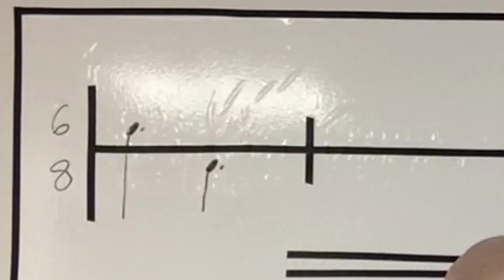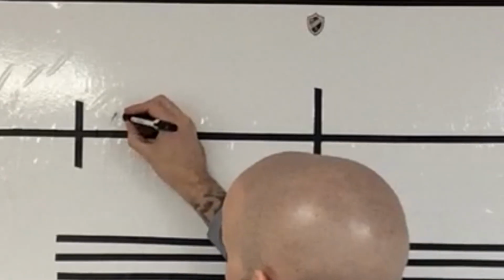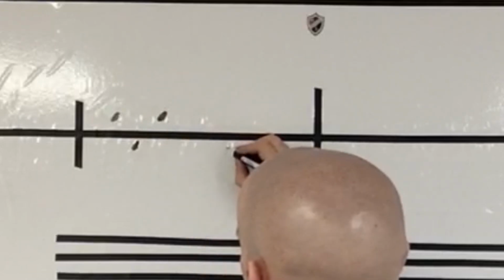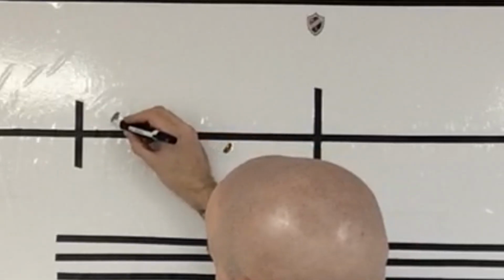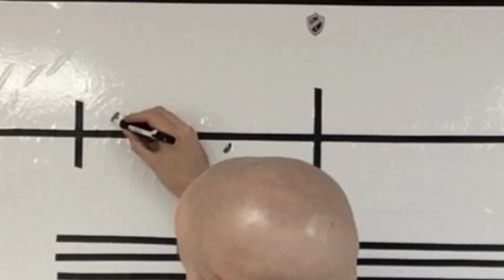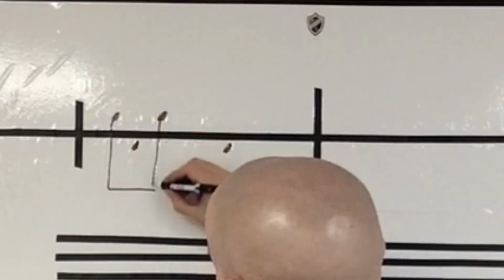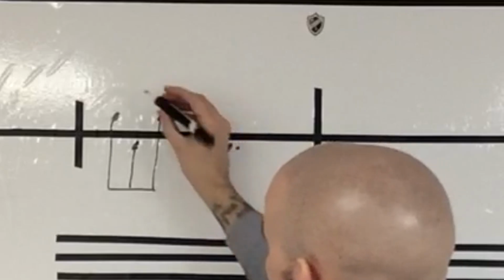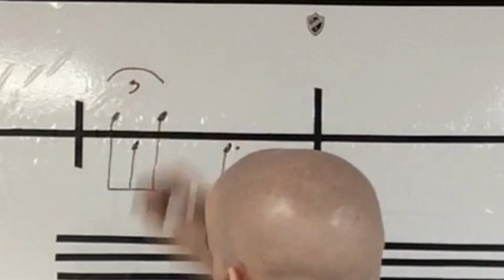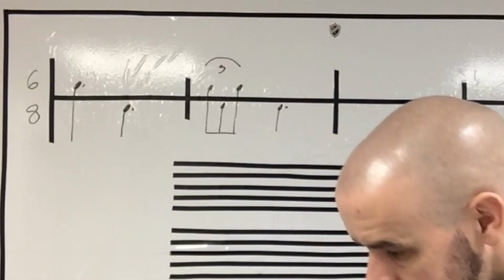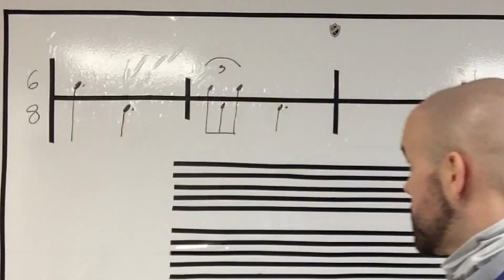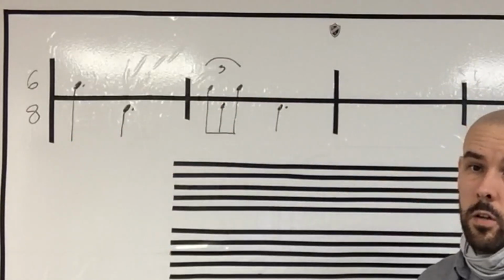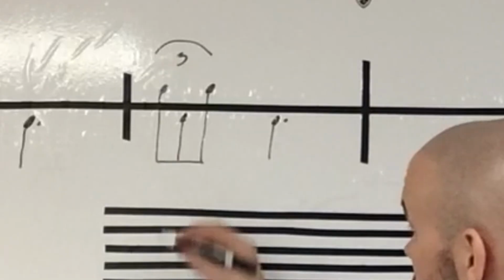And then we had 1 and 2. In fact, no we didn't. Yeah we did. We ended up with 1 and 2. And we put a dot there. And we had a triplet over that. But in compound time, we don't need the triplet because the value of the beat note needs to equal a dotted crotchet, which this group of notes does.